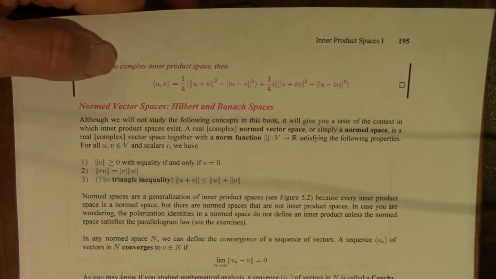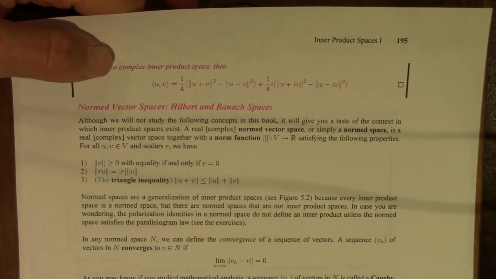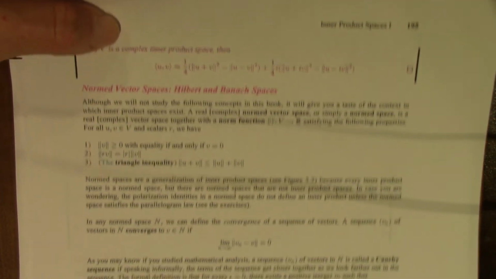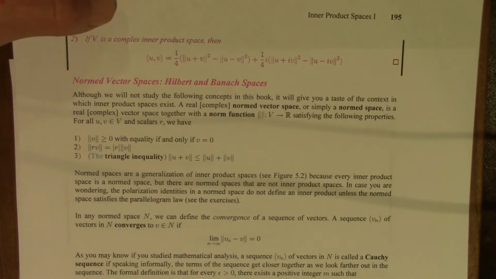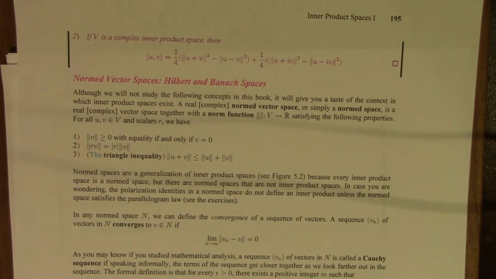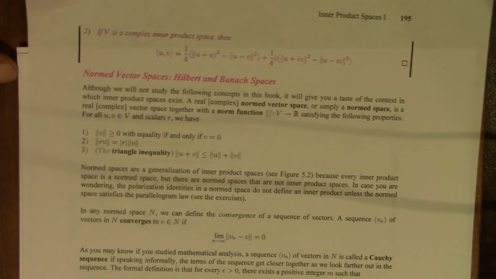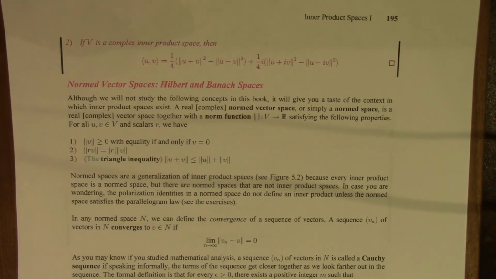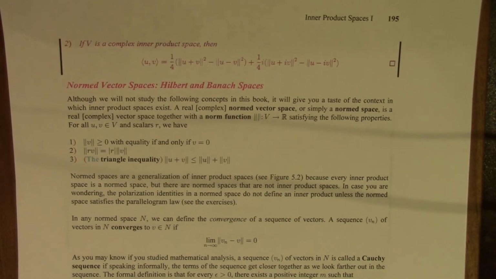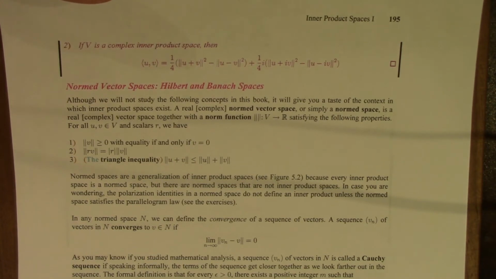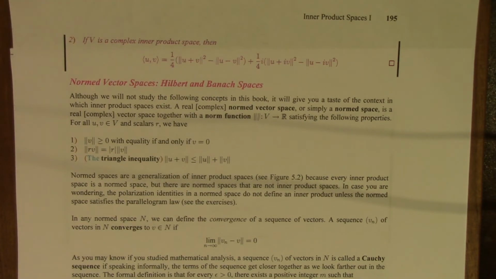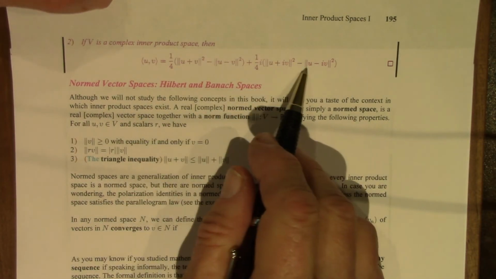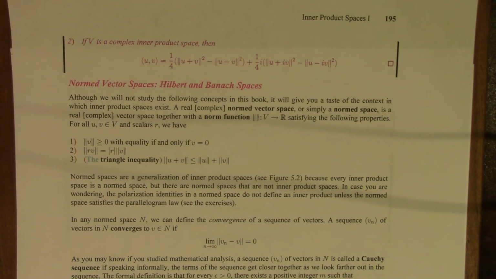So normed spaces are a generalization of inner product spaces, because every inner product space is a normed space. We just proved that. But there are normed spaces that are not inner product spaces. If you have a normed space, you might say, well, why not use these polarization identities, like this one complex case, to define an inner product?